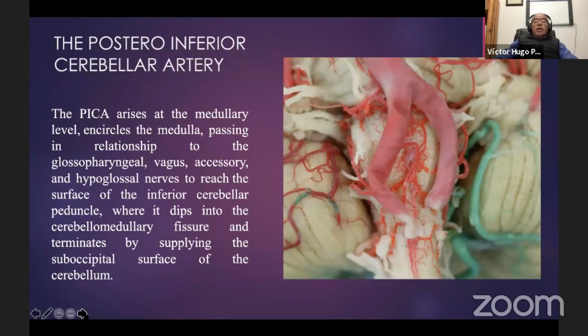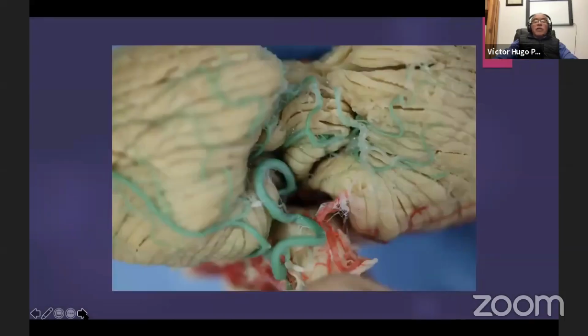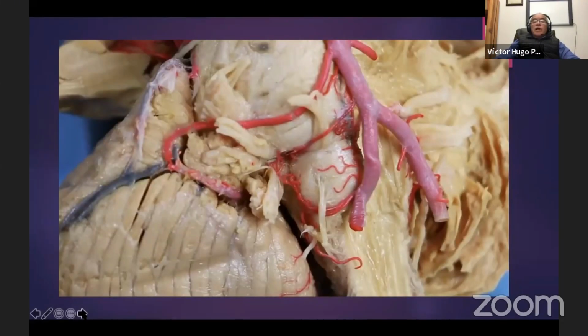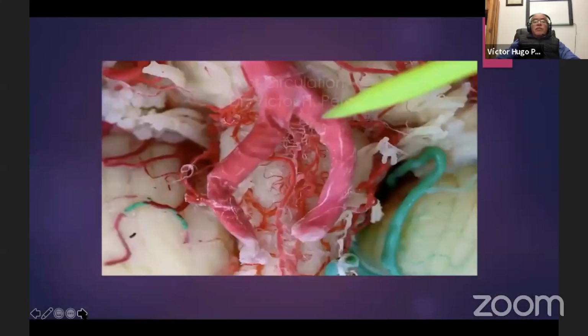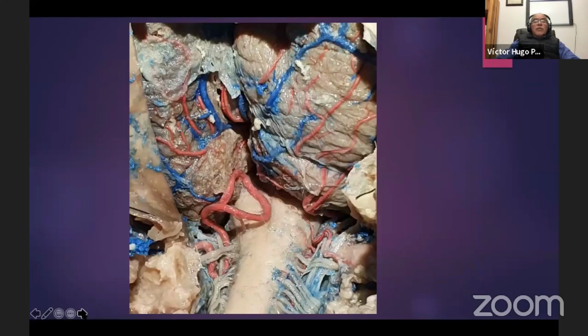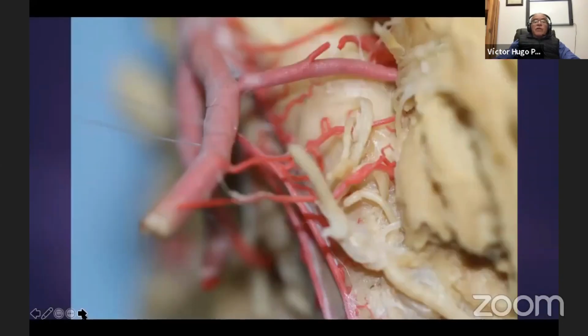And here we have another interesting view of these arteries. And these are some dissections of these interesting arteries.